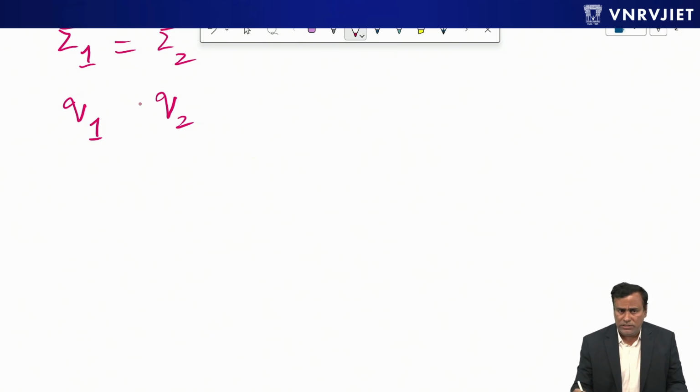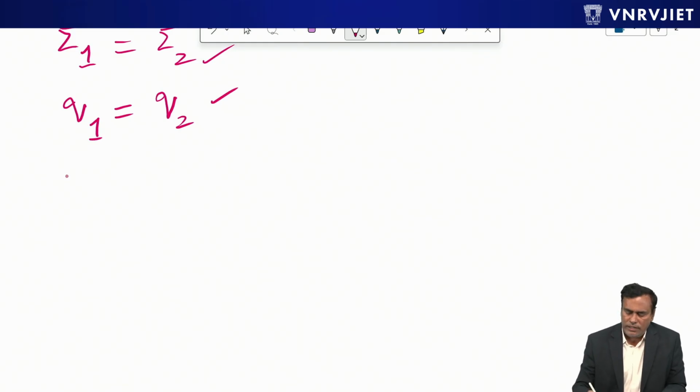So the two start states are the same, that is Q1 is equal to Q2. These are two important observations. And mainly we are interested in proving that NFA and DFA both accept the same language.